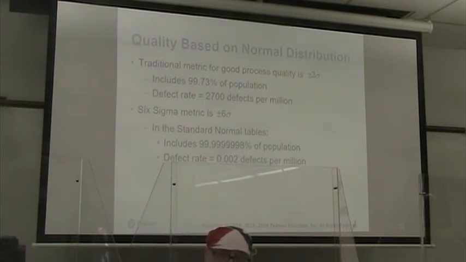That means that the defect rate is going to equal 2,700 defects per million. So our Six Sigma metric is plus or minus 6 sigma.